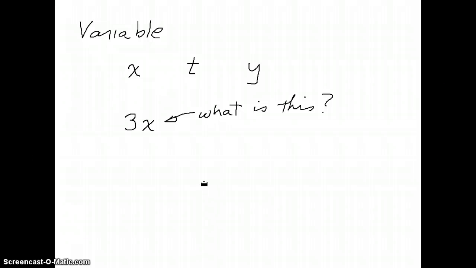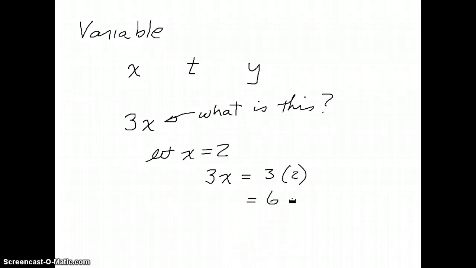If I knew what x was, I could tell you what 3 times it was. So let's let x equal 2. Well then you say, all right, well 3x then would be 3 times 2, which is clearly 6. So this variable gets used. A number gets put in its place. It gets substituted in for that variable.